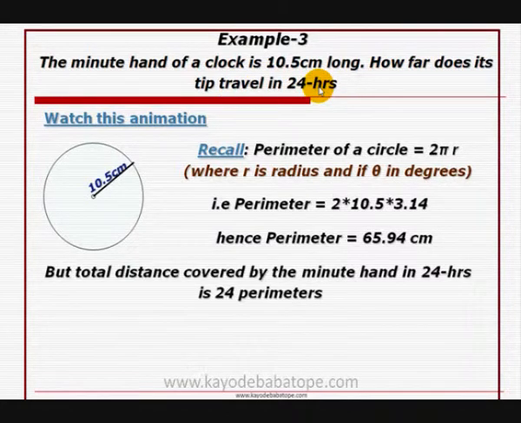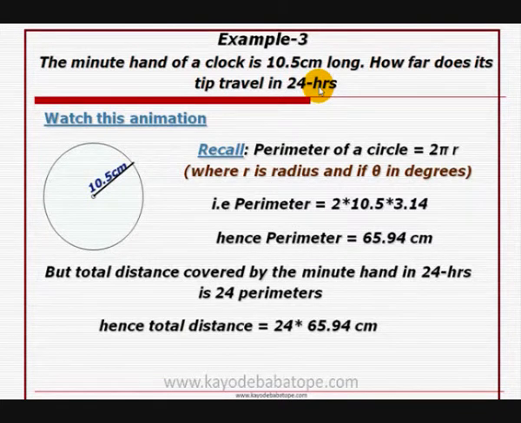So, if in 1 hour it travels a distance of 65.94, in 24 hours it's going to travel a total distance of 24 times 65.94. Do you understand? That is to say, the total distance covered by the minute hand in 24 hours is 24 perimeters of the circle, because in 24 hours it will make 24 complete circular revolutions.